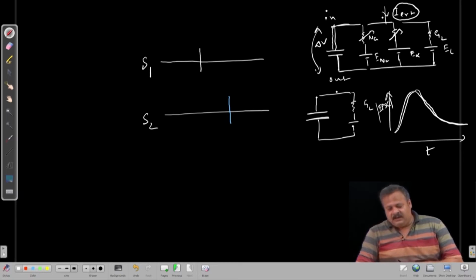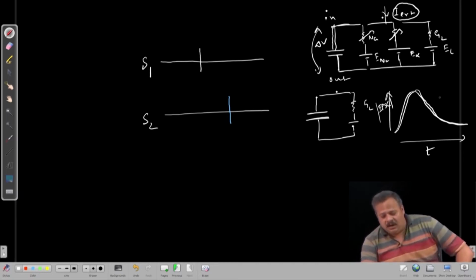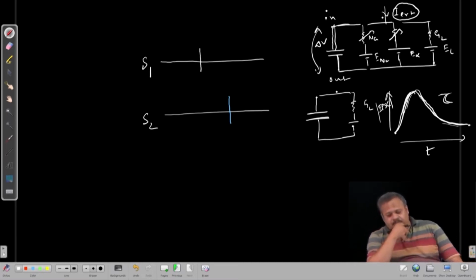And so, that time constant tau, so let us say this is because the spikes are almost like delta functions, this rise is very quick and this decay is based on the time constant of the membrane, that tau.